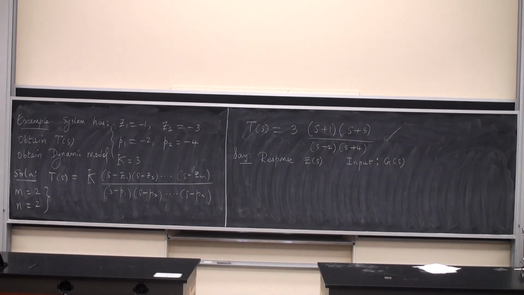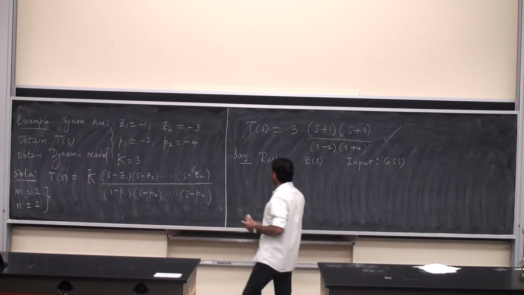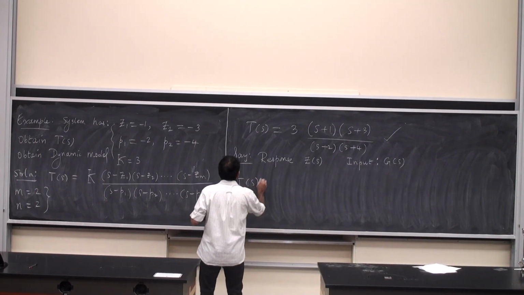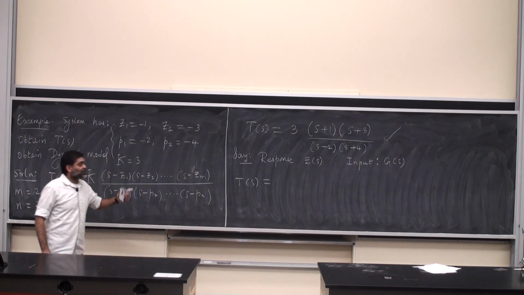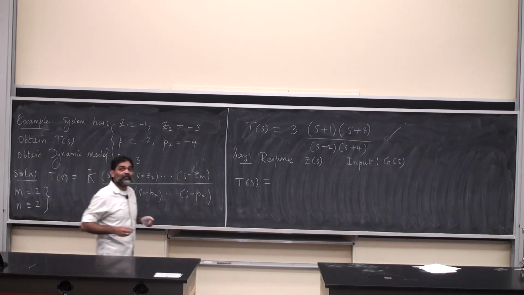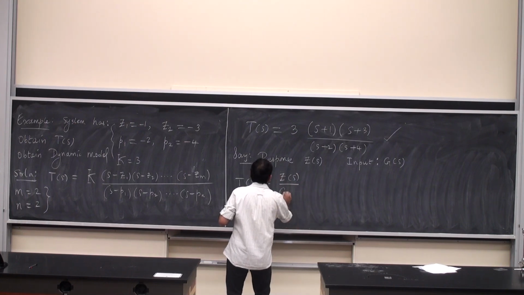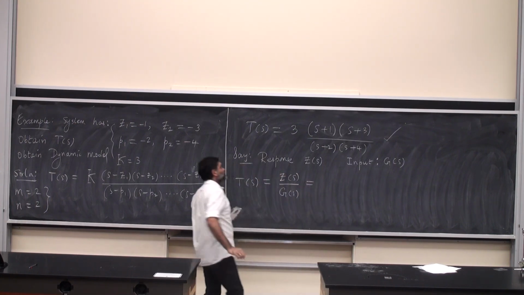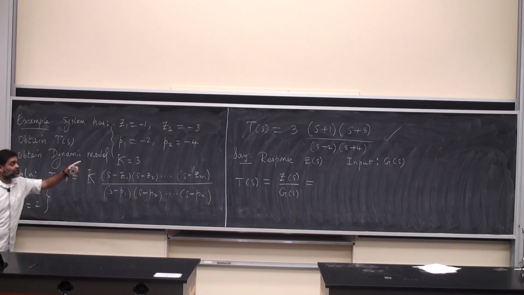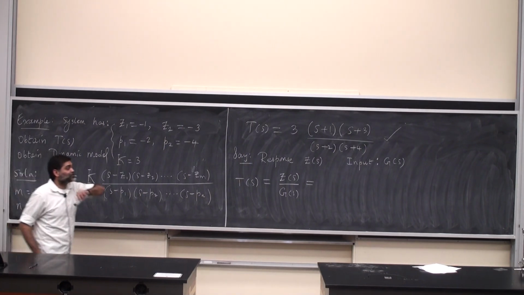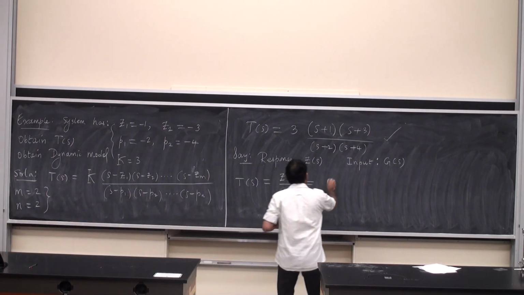You can call it F of S and X of S if you want. I'm tired of X and F, so I'm putting G and Z. So what's the transfer function? It is the response by the input in the Laplace domain. For this particular system, it's 3 times S plus 1 times S plus 3, by S plus 2 and S plus 4.